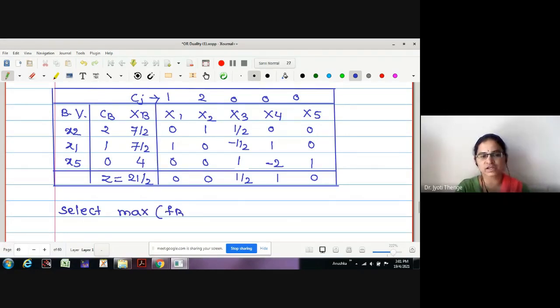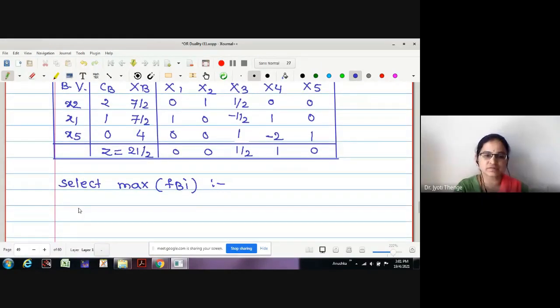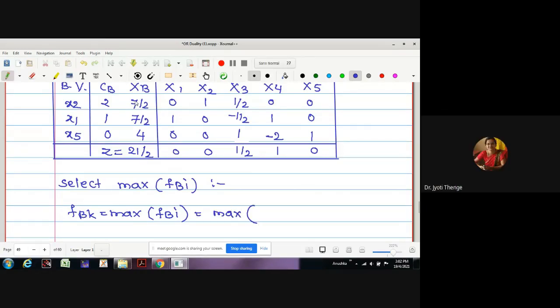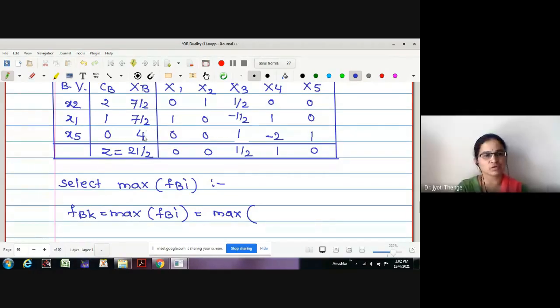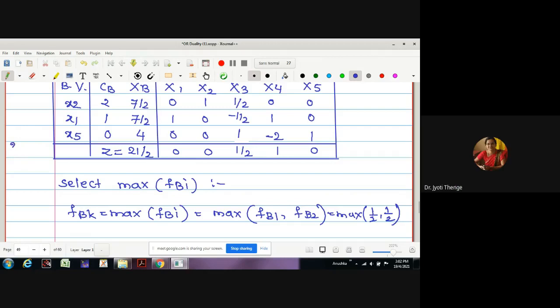We select the maximum fractional part, f_k equal to maximum f_i. How many f_i do we have? Only two have fractions; the third one is an integer. Therefore, is it fb1 and fb2 only? Yes, ma'am, this is half and half, because both values are 7.5, that is 3 plus half.